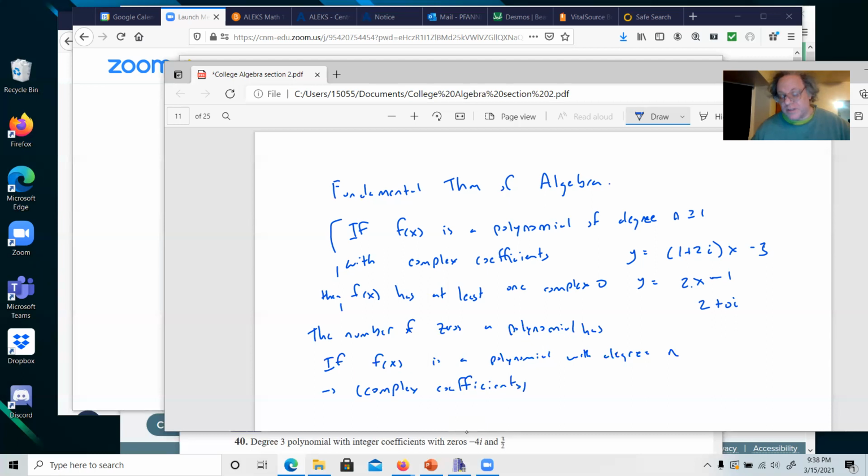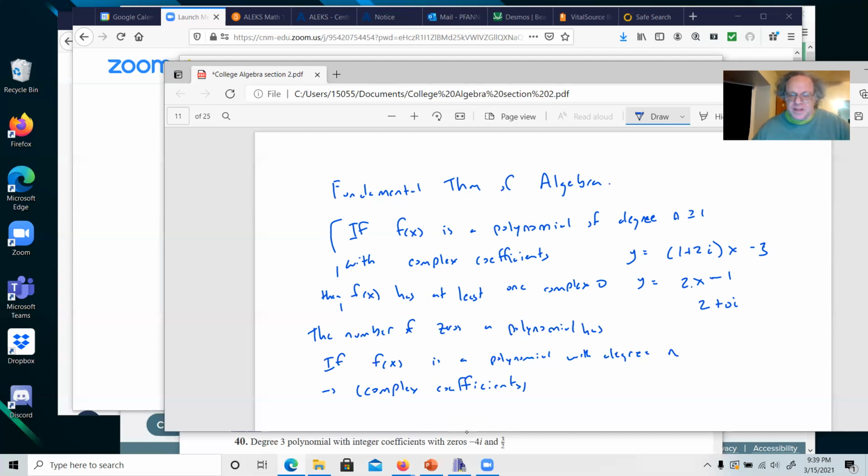Like I said, 3 is a complex coefficient. So all it does is say, well, we can use real numbers or complex numbers, and this will all work out. Okay, so we have complex coefficients.